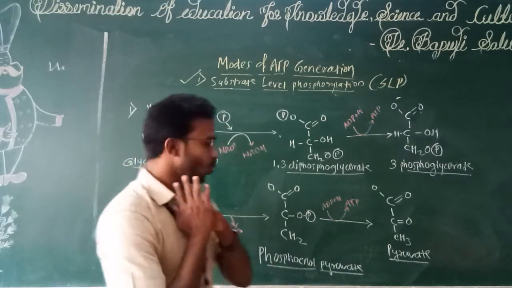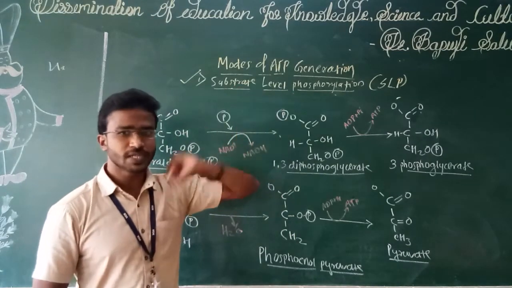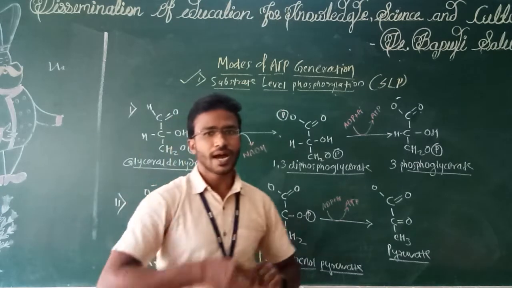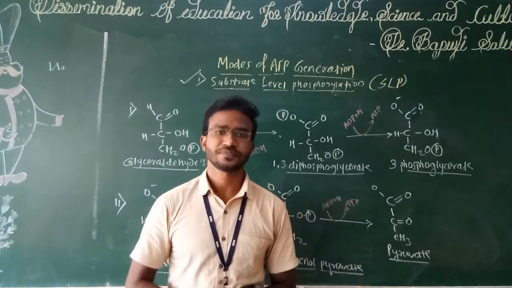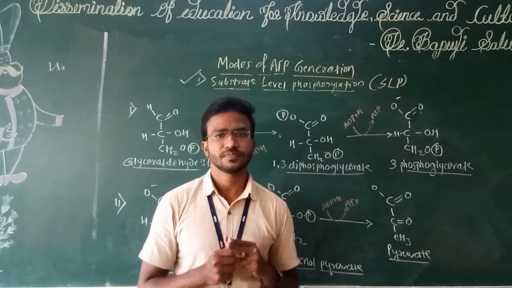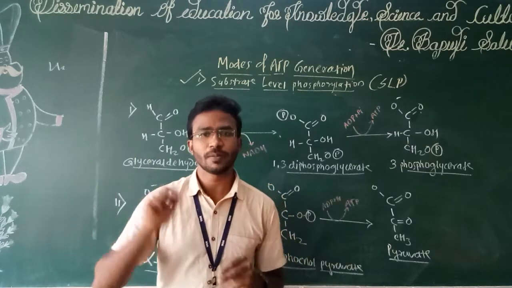So what is substrate level phosphorylation? It is the mode of ATP generation in which the high energy phosphate released after catabolism of a substrate is used to synthesize ATP from ADP.